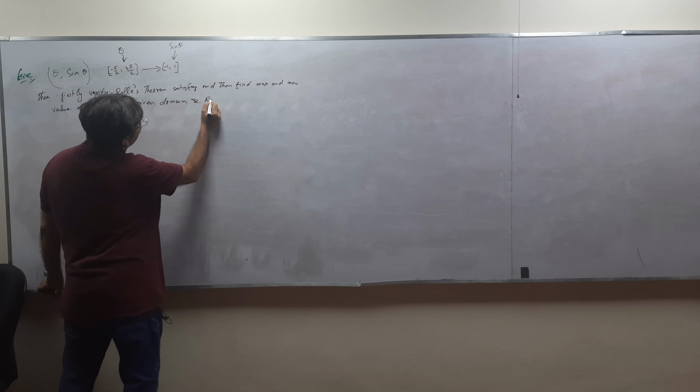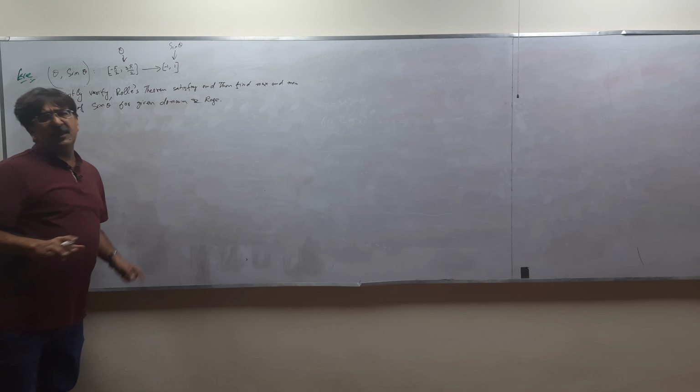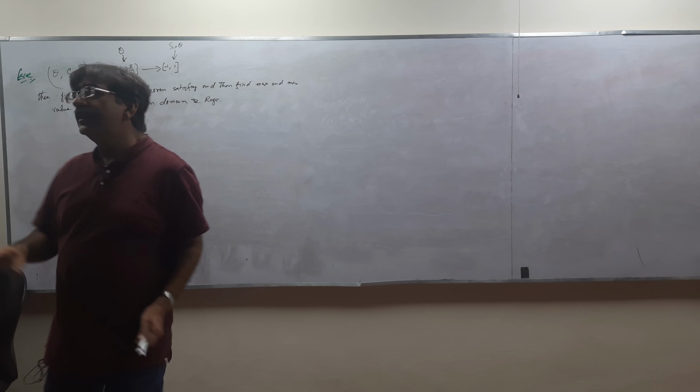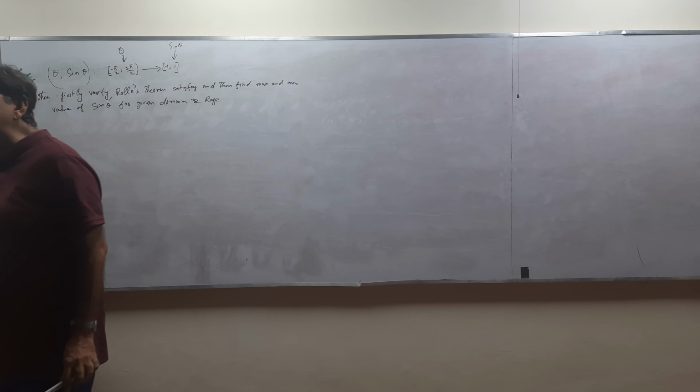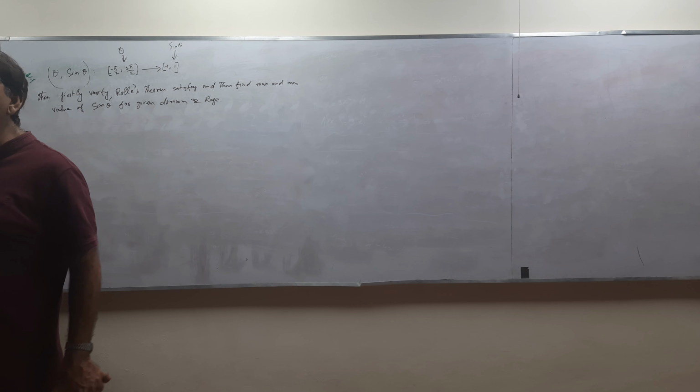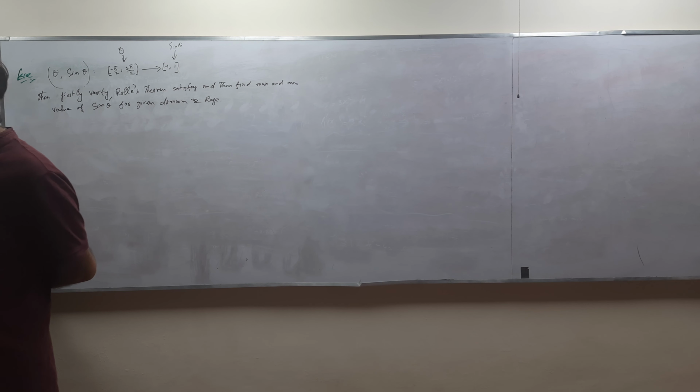Whatever the domain and range is given, this is the domain, as you know, and that is the range. Whatever the domain and range is given in your exam, how will you find the possible maximum values and what are the stationary points?